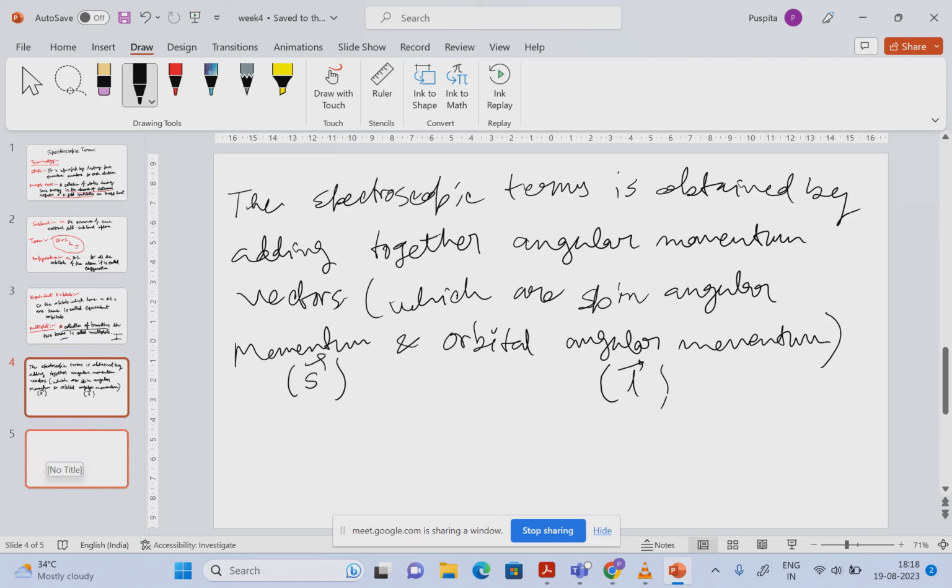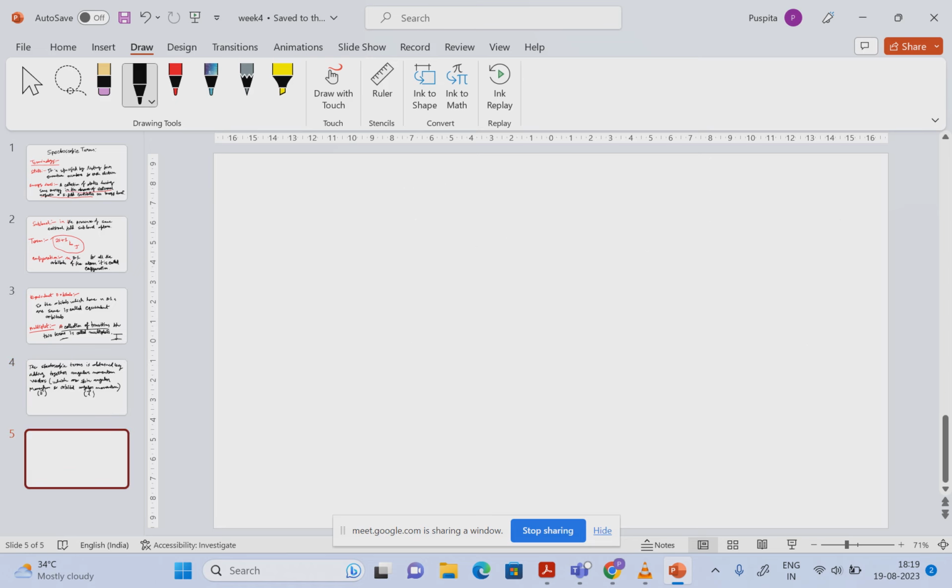So when we see things quantum mechanically, or even in classical mechanics, we need to write a Hamiltonian for each system.